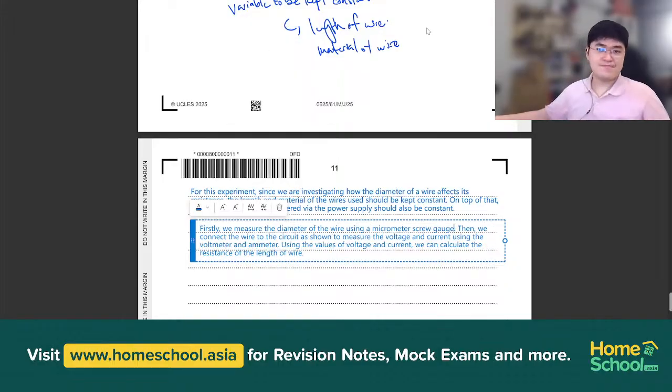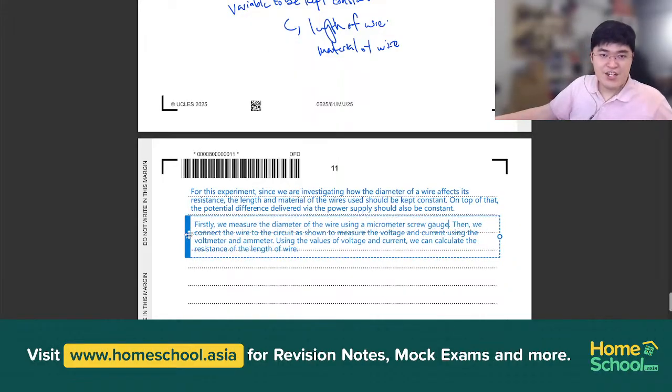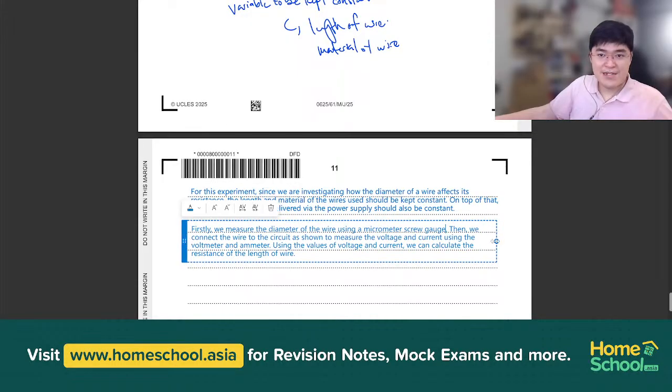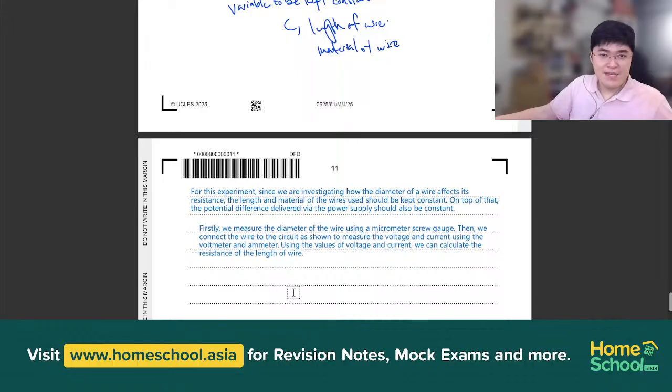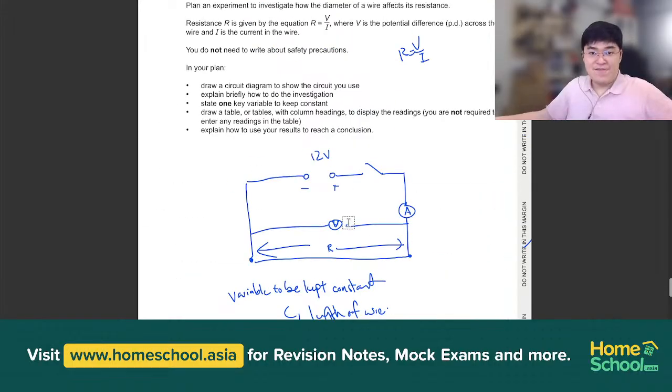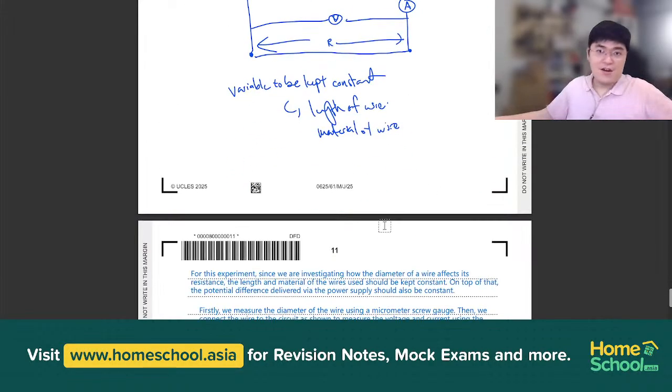So we measure the diameter of the wire using a micrometer screw gauge, and then we connect the wire to the circuit as shown, to check the voltage and the current going through the wire.